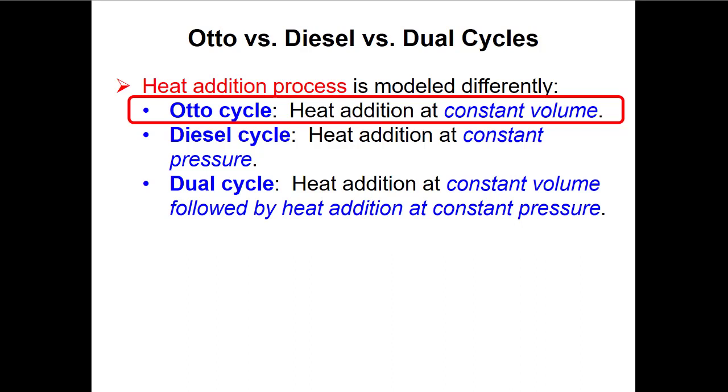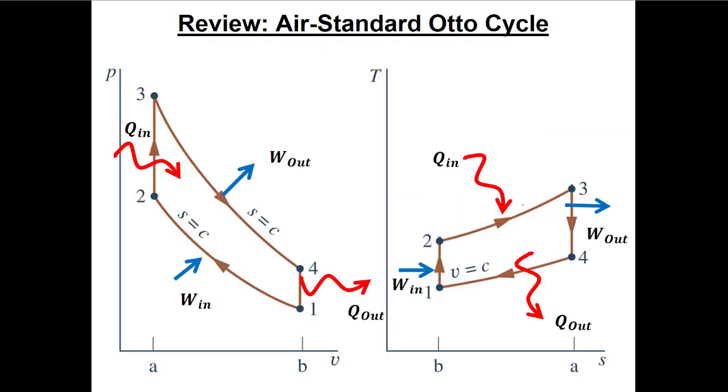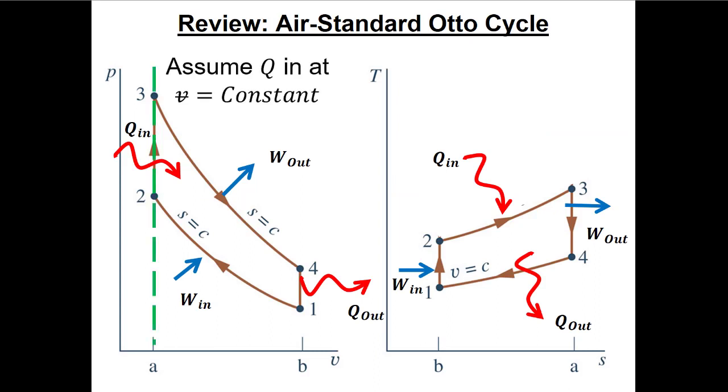Last class, we talked about the Otto cycle. Now, the difference between the Otto cycle, the diesel cycle, and the dual cycle comes in how we add heat to the system. In the Otto cycle, we add heat at constant volume. So we can see that when we draw this PV diagram, this happens on a vertical line.